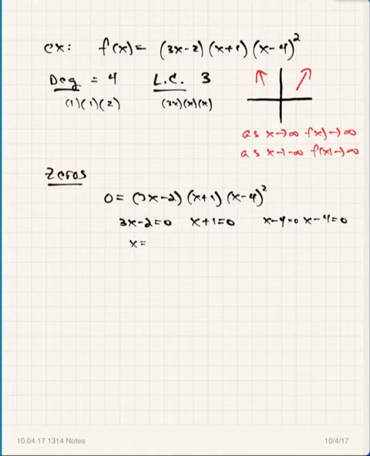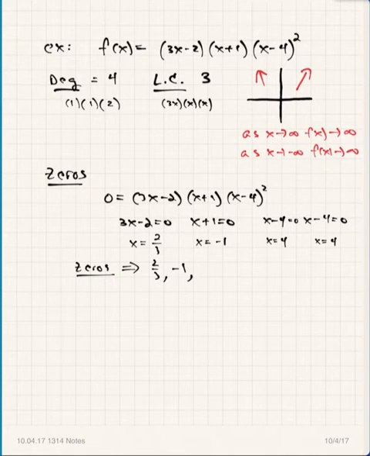So the first equation, you get 2/3 as a solution. The second one, you get -1 as a solution. And in the last two, you get x equals 4, obviously both times. So the zeros for this function are going to be 2/3, -1, and 4 occurs as a 0 twice.